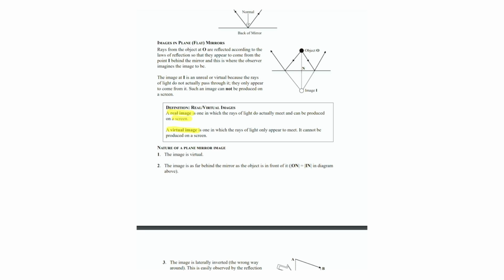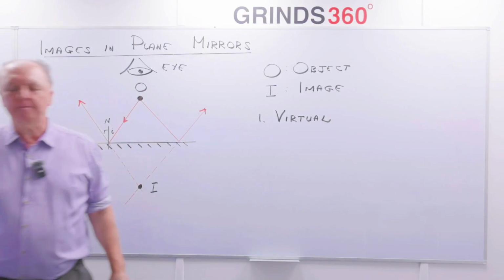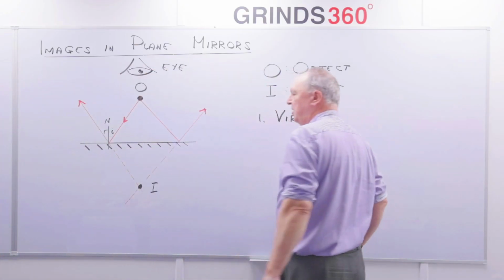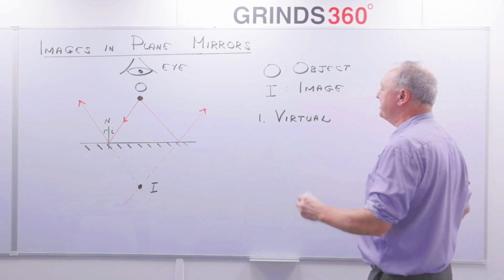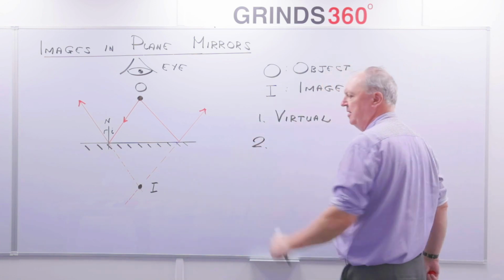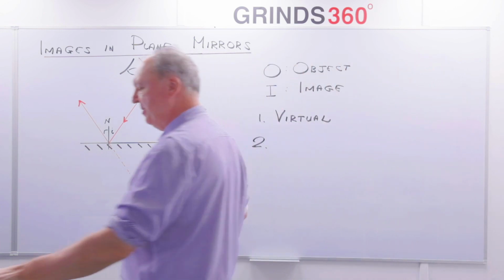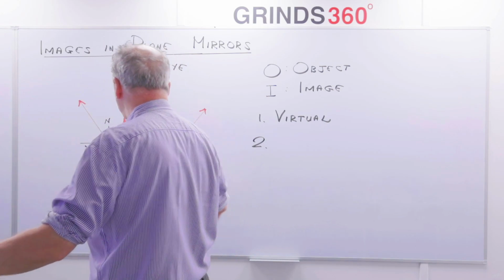Now we're looking at the properties of images in plane mirrors. The properties are sometimes called the nature of an image. And the first part of the nature is the image is virtual. The second part of its nature, number 2, just if I go back to my diagram here, you see where that image is?